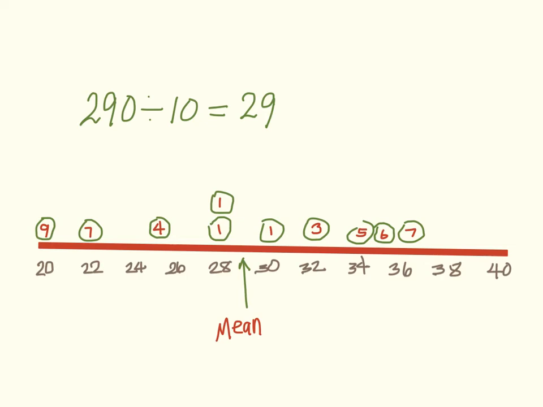So we do exactly the same thing as we do for average or mean. We add up the numbers and divide. In this case, if I add 9, 7, 4, 1, 1, 1, 3, 5, 6, and 7 together, I get 44. It's still divided by 10. And of course, it's 4.4.